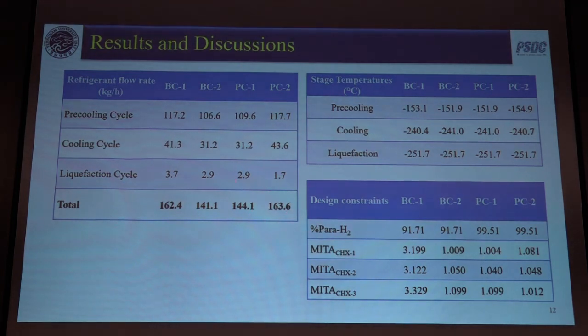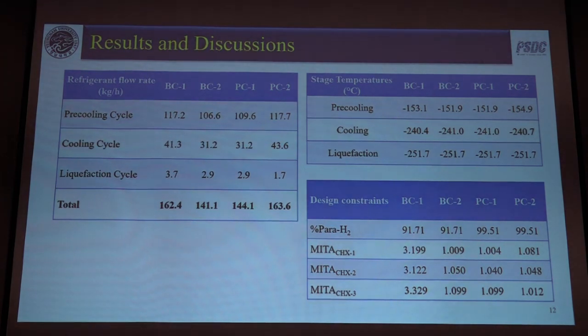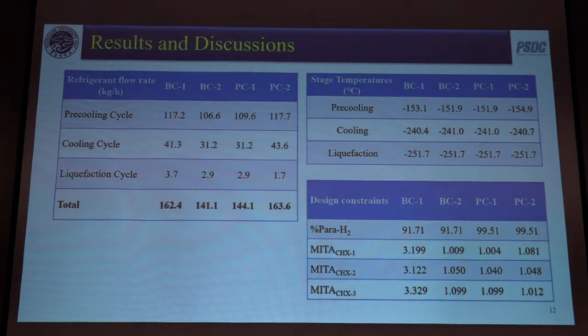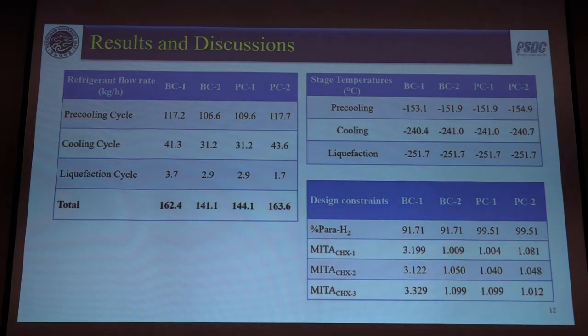Although you may see that the refrigerant quantity here is low, compared to the energy, the energy consumption would be higher in this particular case. But if we compare these processes with the first one, the overall refrigerant flow is almost the same. I couldn't present the individual fractions here, but those details are available. If we go for the detailed composition, it is slightly different.